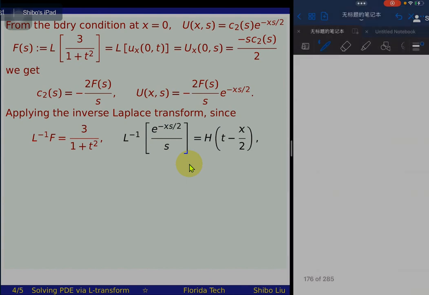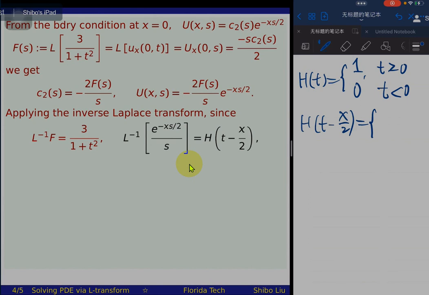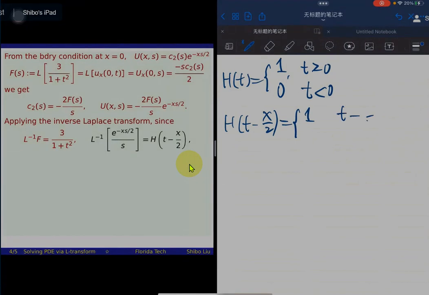Here H is what? H is the function H(t), which is 1 when t is non-negative and 0 when t is negative. Therefore, H of t minus half of x is 1 if t minus half of x is non-negative. In other words, it is 1 if t is greater than half of x, and 0 if t is smaller than half of x. Okay, that is the definition of this Heaviside function.